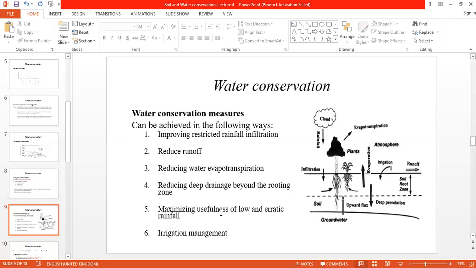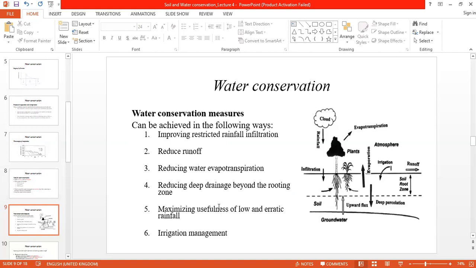So what you do is that you adapt your farming system such that instead you plant crops that are drought resistant, that can grow even when there's less amount of rainfall. So that's what this point is talking about.